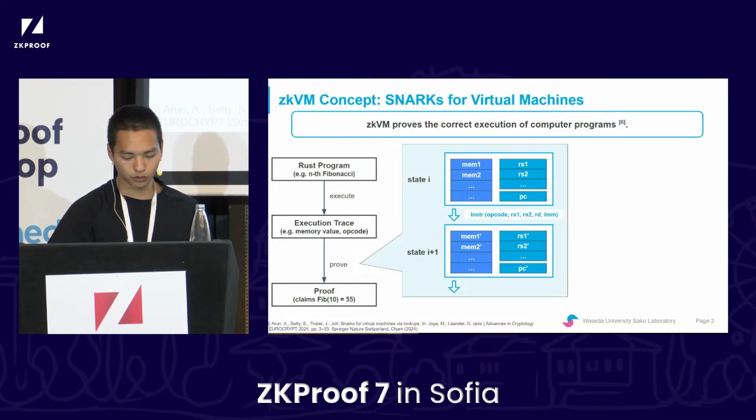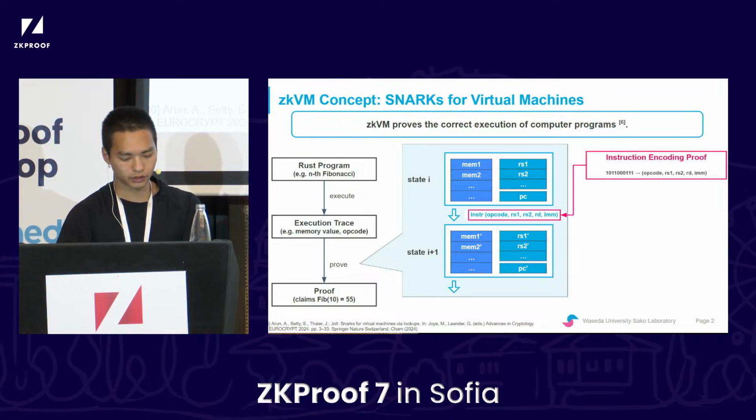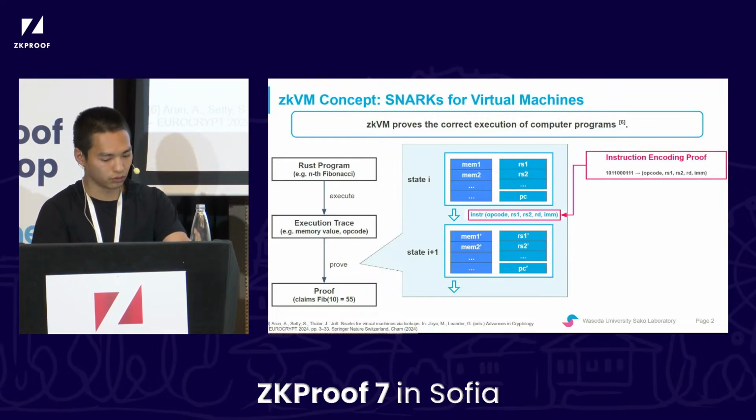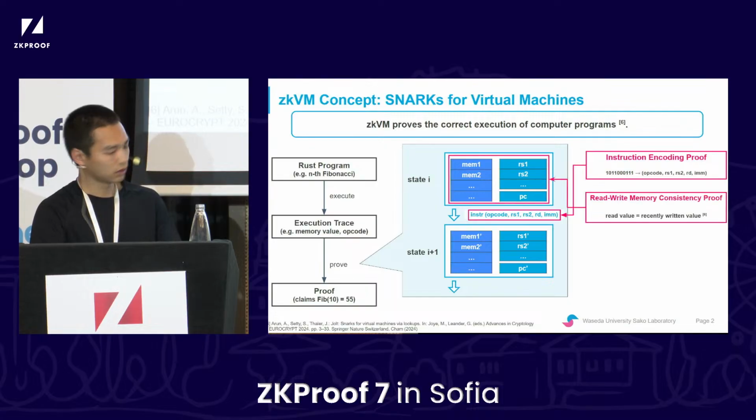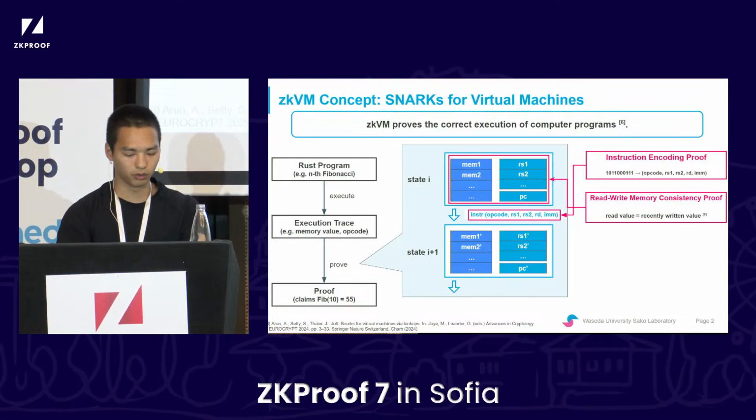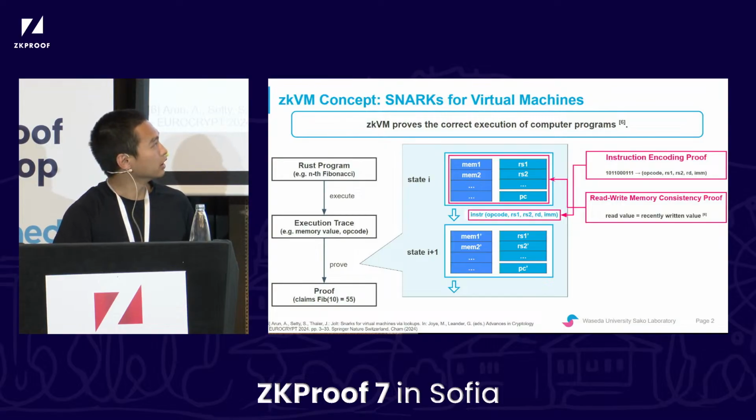And to prove the state transition, three basic proofs are required. First, instruction encoding proof, proving the encoding from binary to instruction is correct. Second, read-write memory consistency proof, proving the value purportedly returned by any read operation is equal to the value most recently written to the appropriate memory cell.